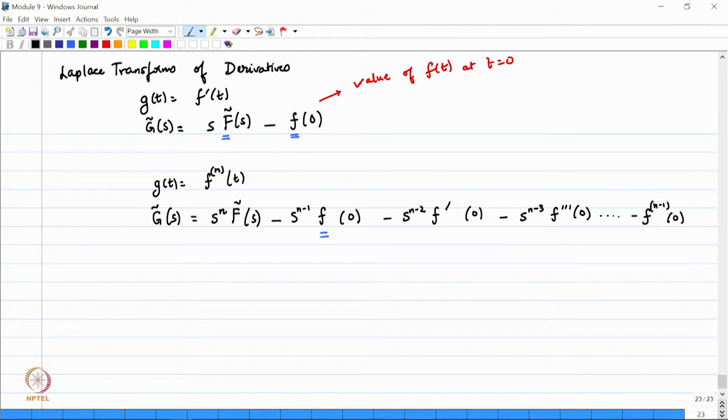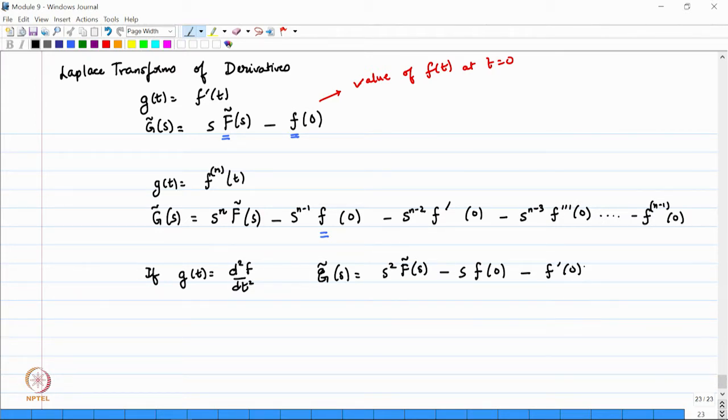Okay. Now, using this, for example, if g of t is equal to d square f by dt square, that is the second derivative, then you can write g tilde of s is equal to s square f tilde of s minus s f at 0 minus f prime at 0.